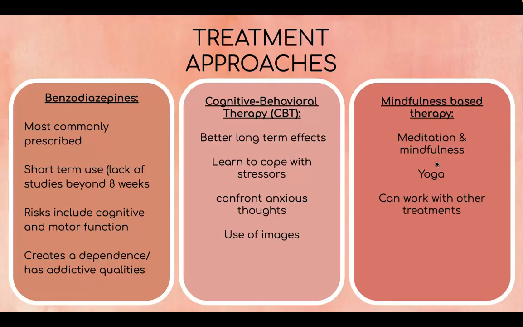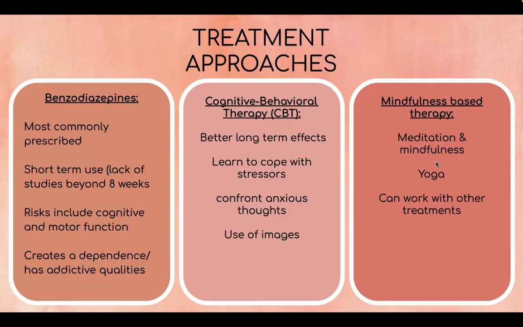Cognitive behavioral therapy is another treatment known. It's known as CBT. This is a treatment that's better used for long-term effects. It teaches people to cope with the stressors and learn how to work against their triggers.